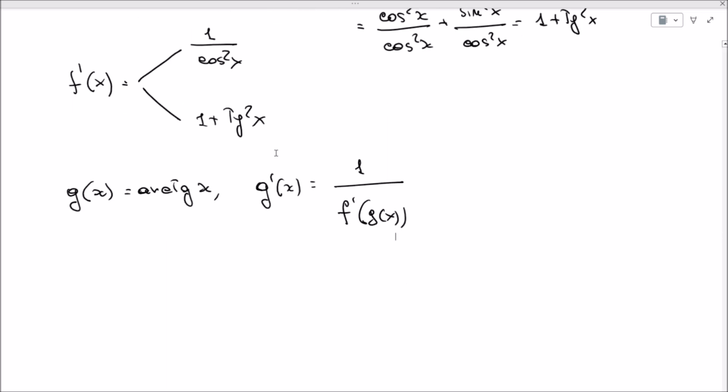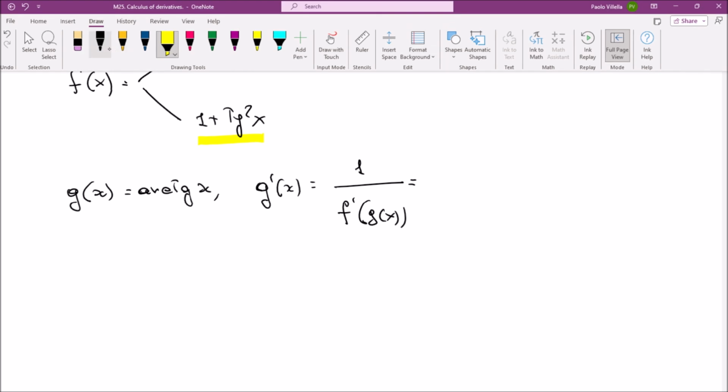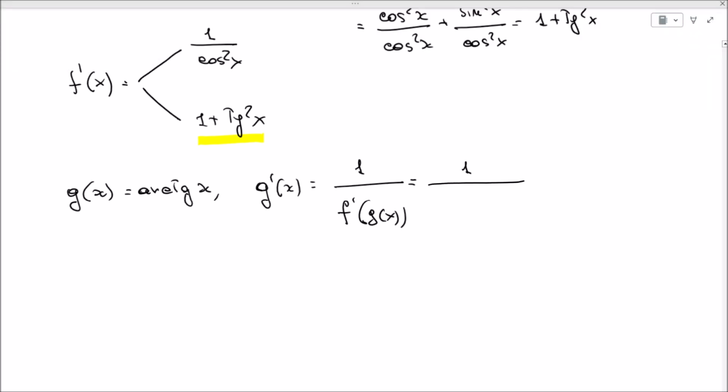If we use now this form of the derivative of the tangent, we can rewrite this as 1 divided by f prime, which is just 1 plus tangent square of x. We need to replace x with the inverse, which is the arctangent of x. And this is now simply 1 divided by 1 plus x squared.